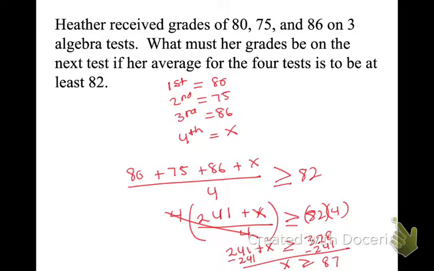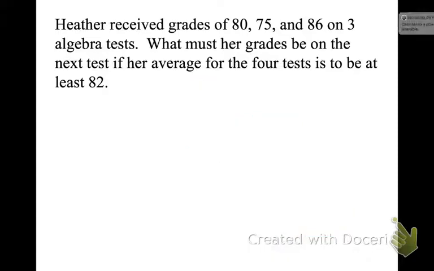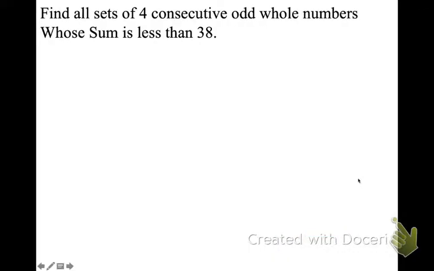There we go. So on her fourth test, she needs to get 87% or greater. X has to be greater than or equal to 87. All right. There we go.